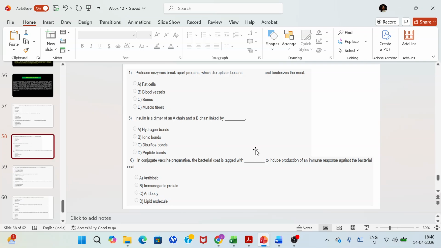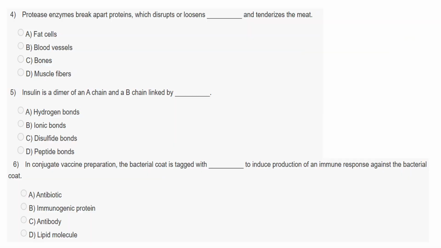Next question is about the proteases. Protease enzyme breaks apart proteins, which disrupts or loosens and tenderizes the meat. So the answer to question number 4 is the muscle fibers. It loosens the muscle fibers and tenderizes the meat.